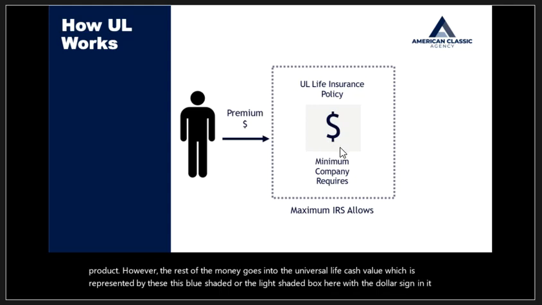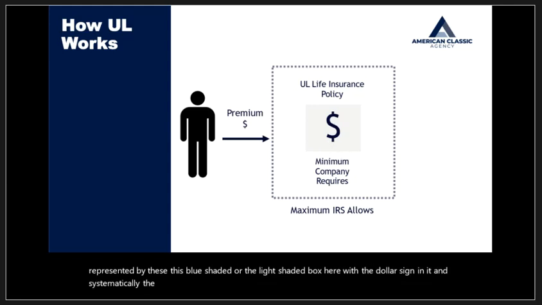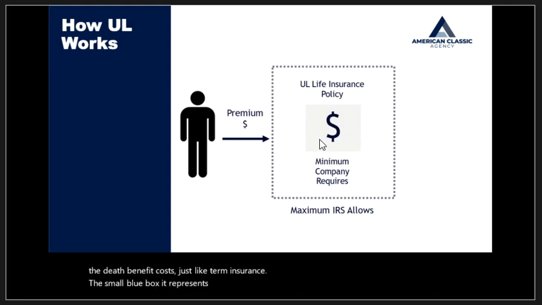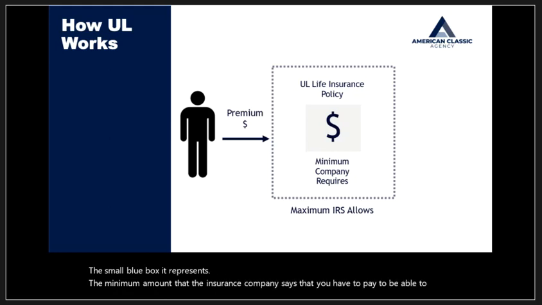And systematically, the life insurance company pulls out the amount of money it needs to simply pay the death benefit costs, just like term insurance. The small blue box represents the minimum amount that the insurance company says you have to pay to be able to simply purchase the policy.